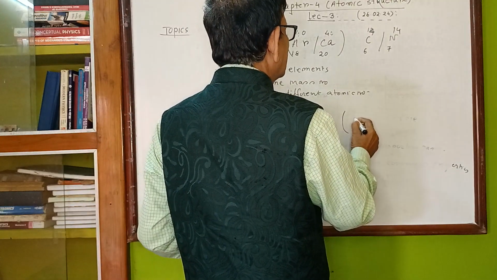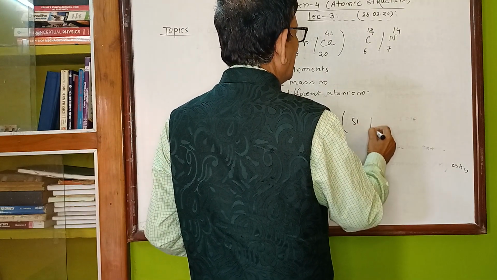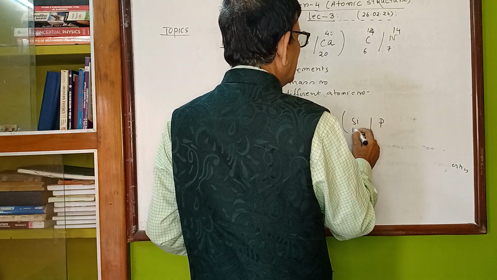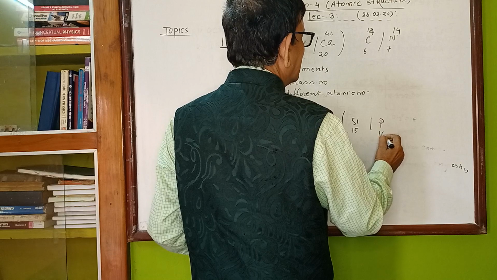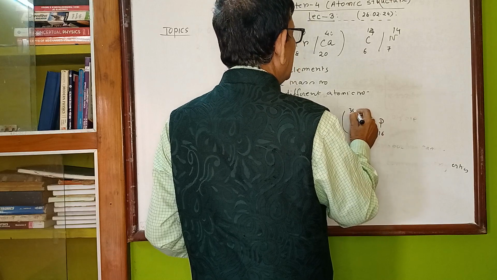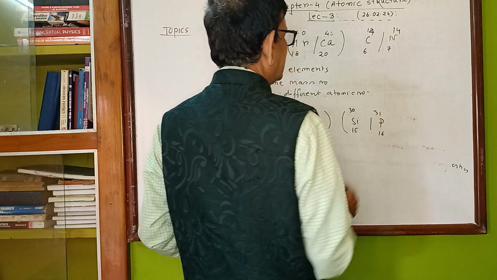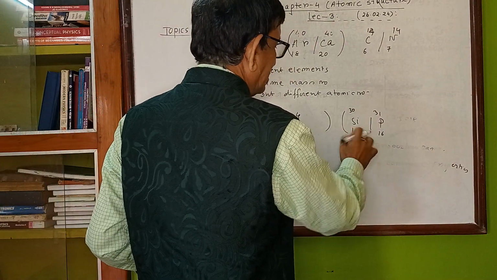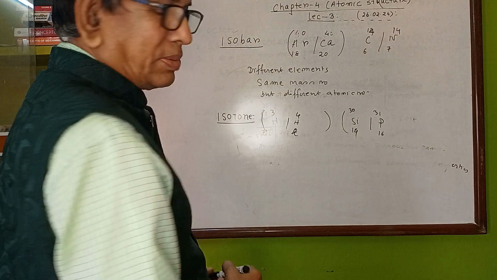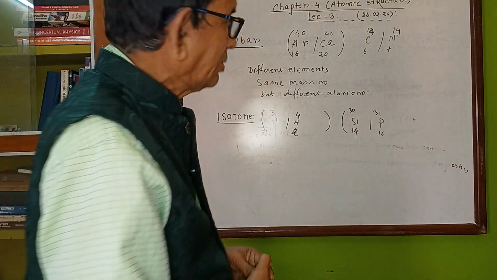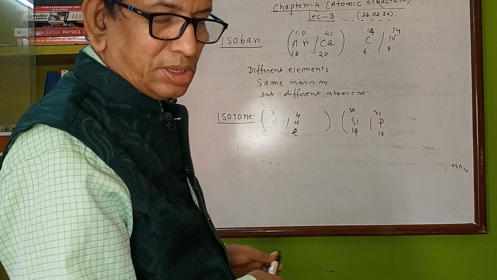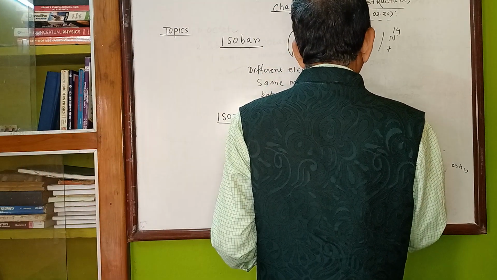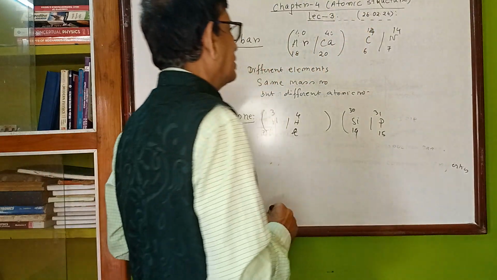Another one, silicon and phosphorus, that is 14, that is 15, 30 and 31. Okay.